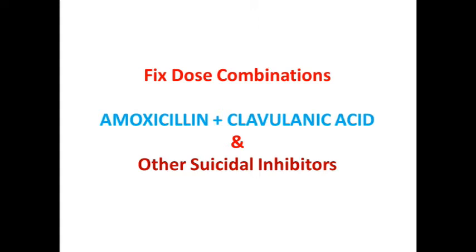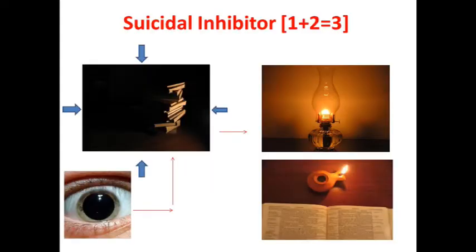We'll also see some other suicidal inhibitor combinations which are most commonly used in medical practice as of now. So let's see what is the role of the combination, what is the concept behind adding these two drugs, and so on in this presentation.